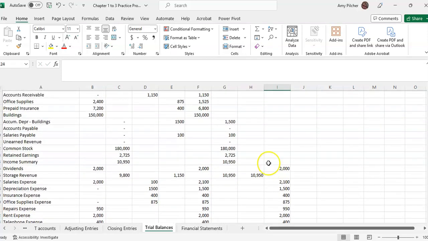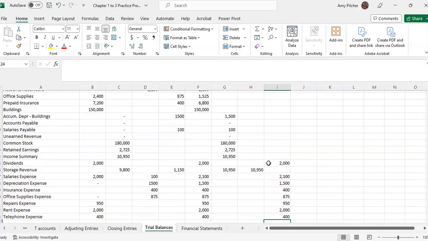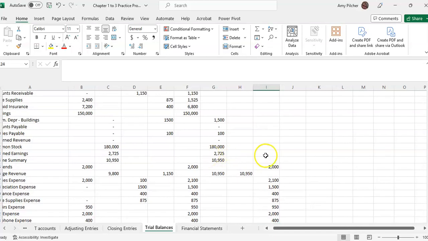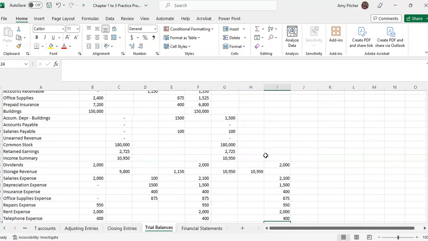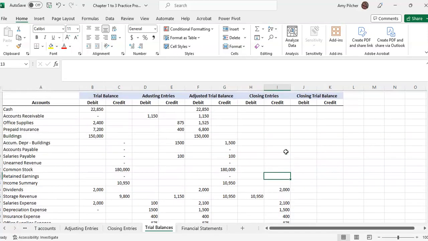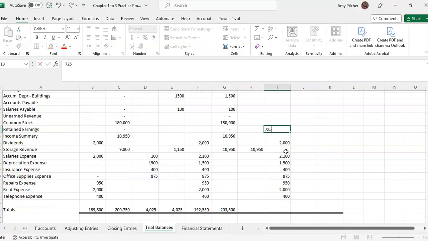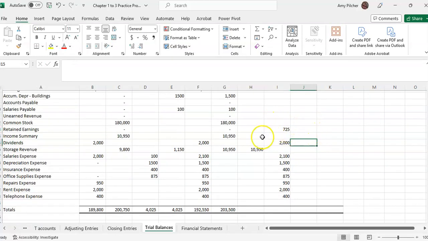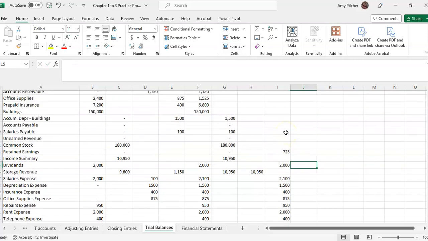Okay. So we should show zero balances in all of these accounts now. Retained earnings, we actually need a zero in, and then that we credited that for 725 as part of the entries.